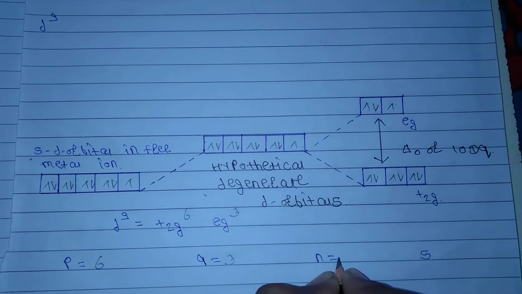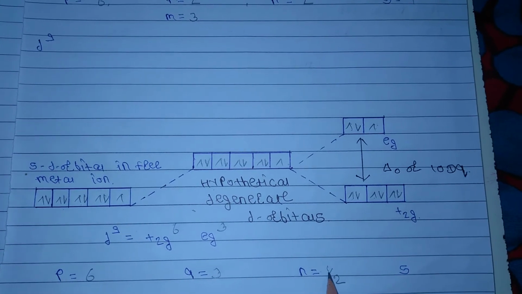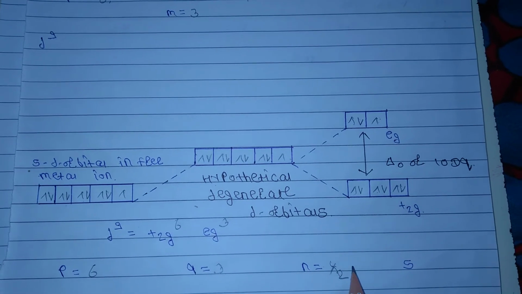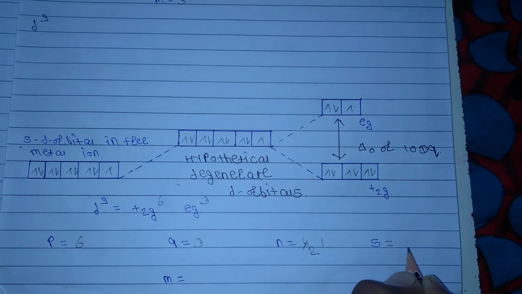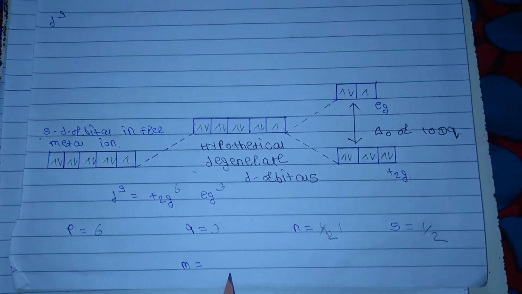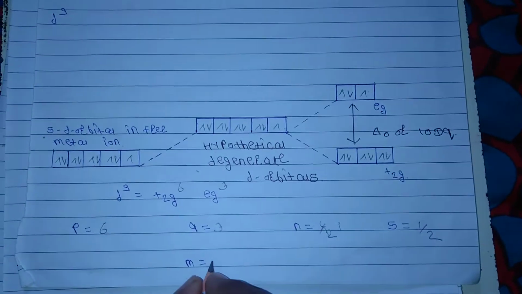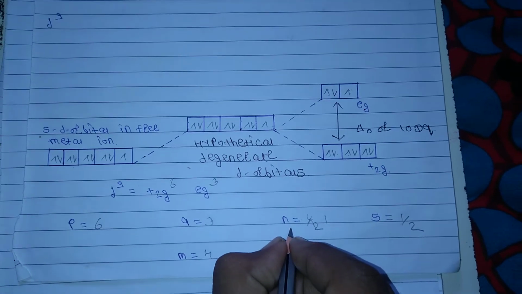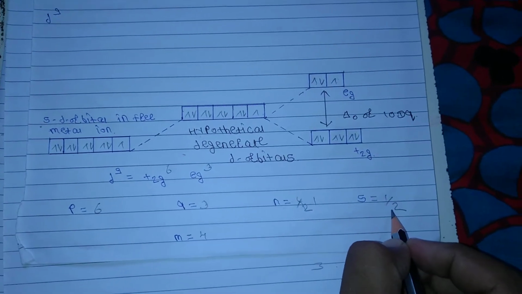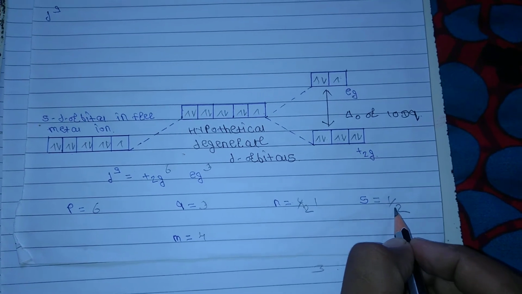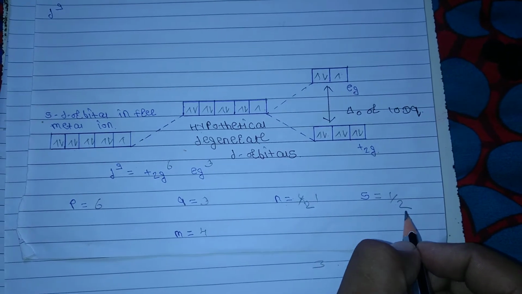N is equal to the number of unpaired electrons in t2g and eg, meaning 1, and M is the number of paired electrons, which is 4. The resultant spin is equal to n by 2, and n is 1, so 1 by 2.